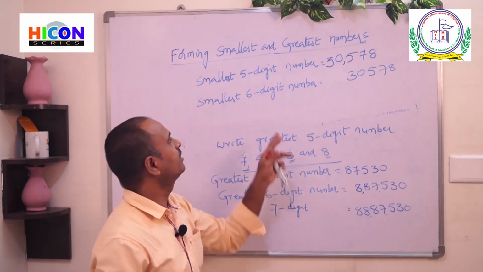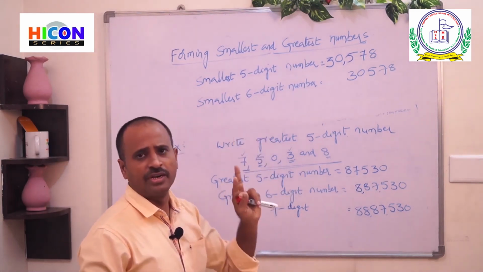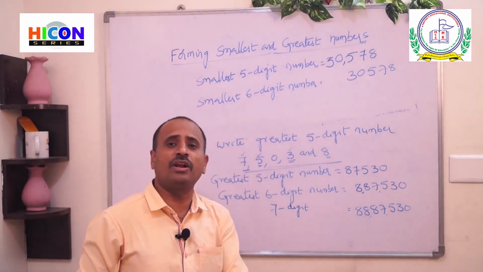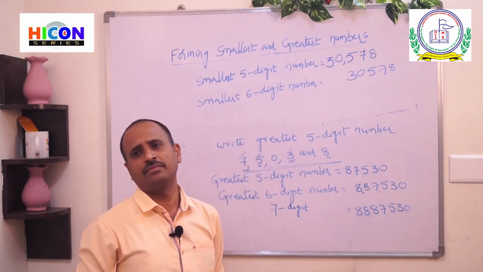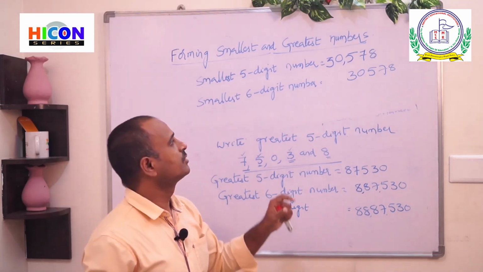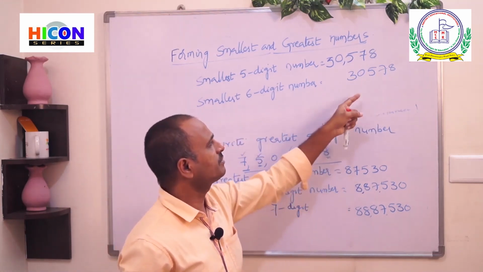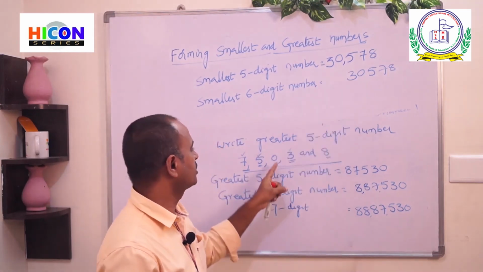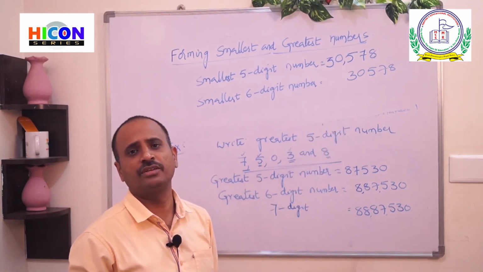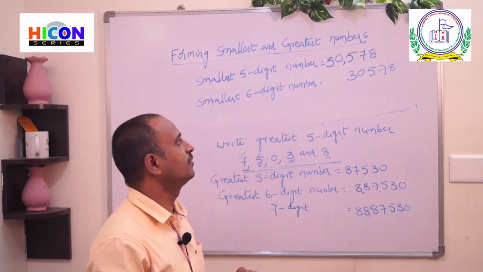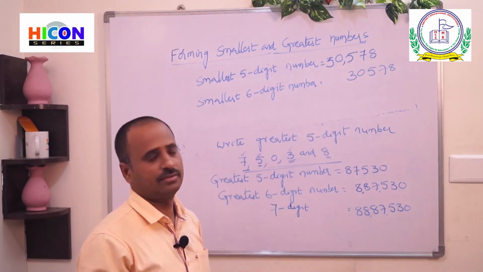How can we write it? Repeat the smallest digit one more time. Which one is the smallest here? 0 is the smallest, so repeat the smallest digit one more time after it.